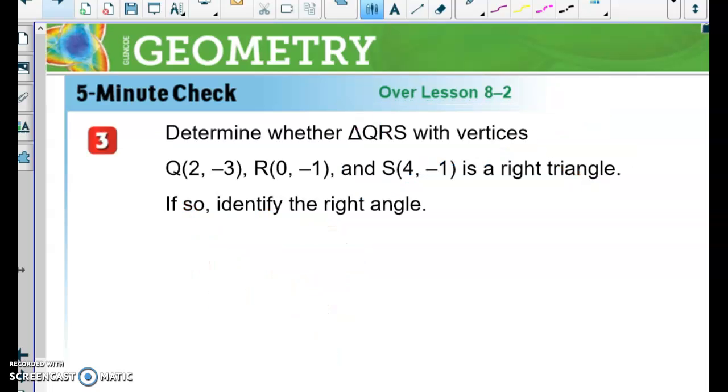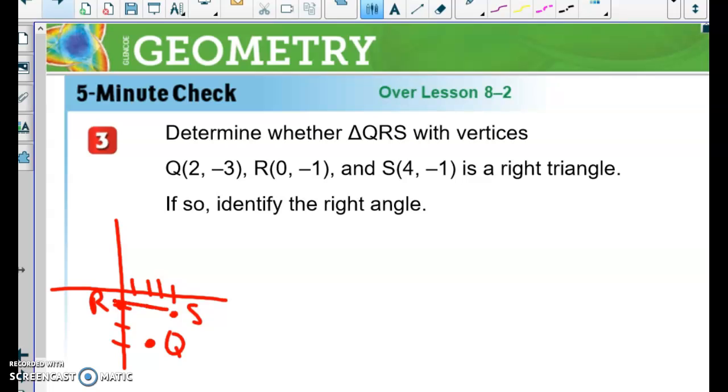So on this one, they want us to determine if this is a right triangle. So I'm going to start out by graphing it. And so I get Q is down there, R is at 0, -1, and S is at 4, -1.